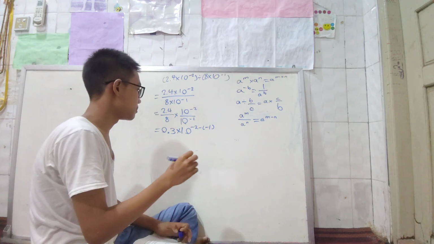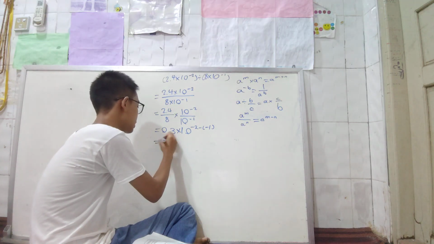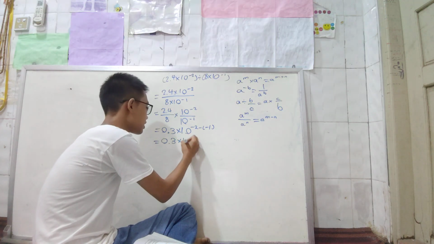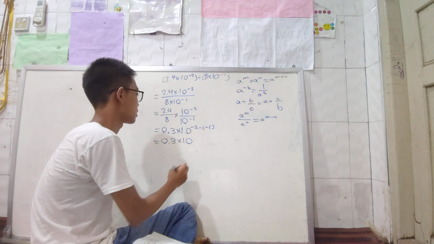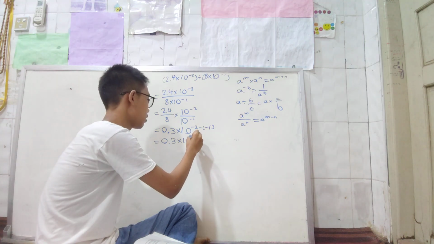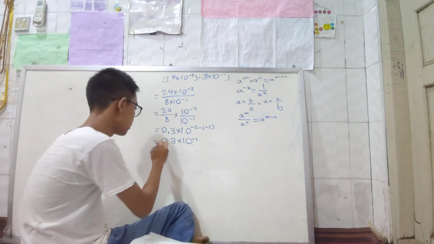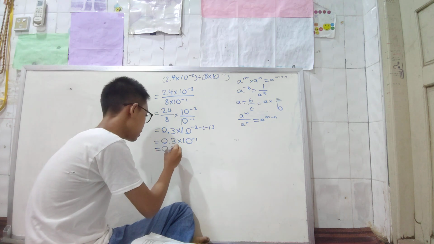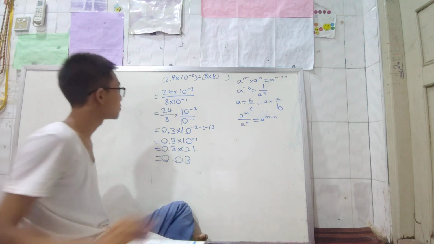Negative 2 minus negative 1 is negative 2 plus 1, which is negative 1. So 0.3 times 10 to the power of negative 1, which is 0.3 multiplied by 0.1, which equals 0.03.